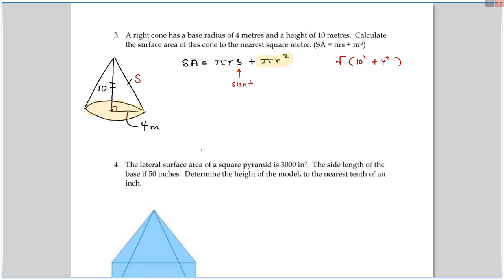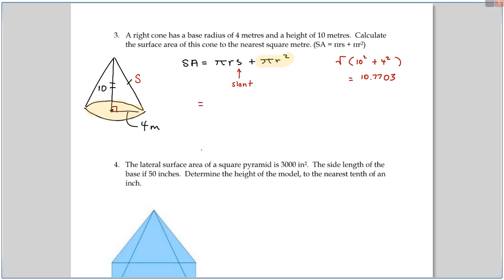If we square those, add them, and square root, you will get a value for the slant height. Can someone do that for me quick? Who's got it? How did I beat you? 10.77? And I'm just going to take a couple more decimals for accuracy.